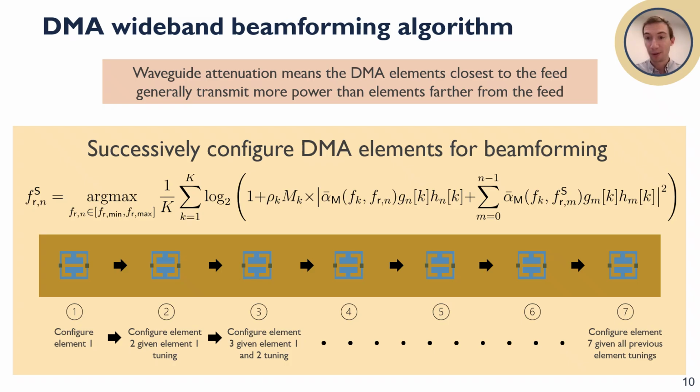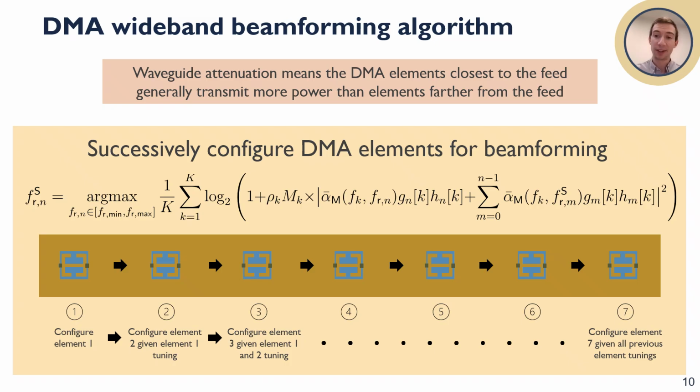In order to leverage that, we come up with a successive algorithm to configure each of the DMA elements for wideband beamforming. We start by configuring the first element to maximize spectral efficiency. Then, given this first configuration, we configure element 2 to maximize spectral efficiency, and so on and so forth for each of the different elements until we get to the last element.